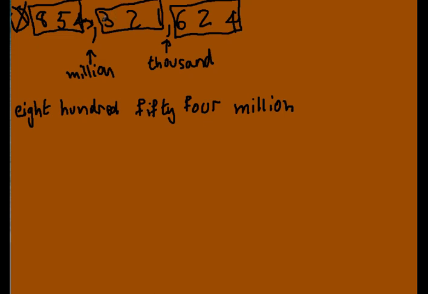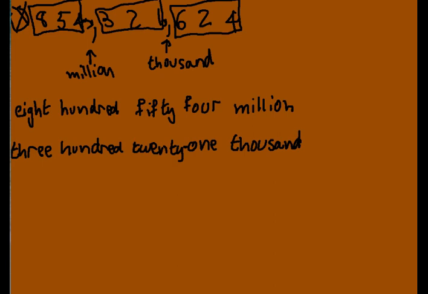Now read the next box. What is it saying? 321. What comes right after 321? Another comma. And how would you read that comma? 1,000. So what do you put right after here? Thousand.